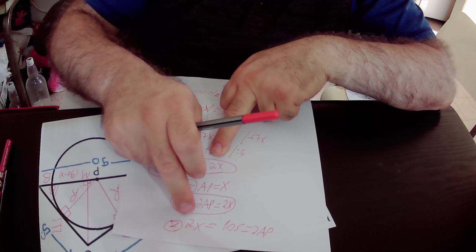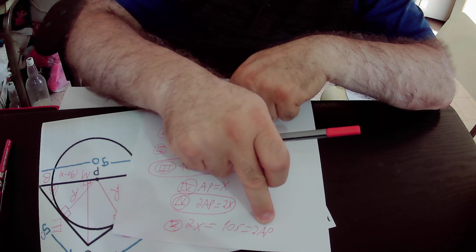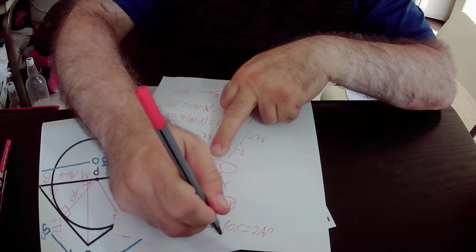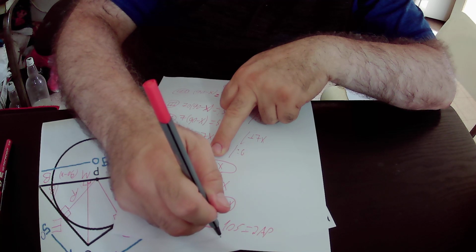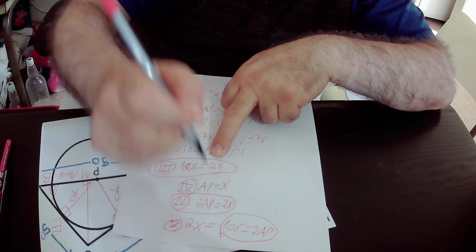So we can add here that 2x equals 2 times AP. Okay, and we have the equality that 2 times AP equals 105 units.